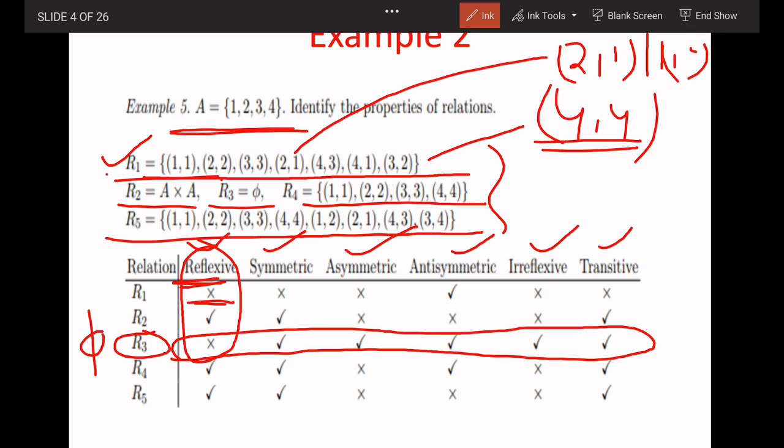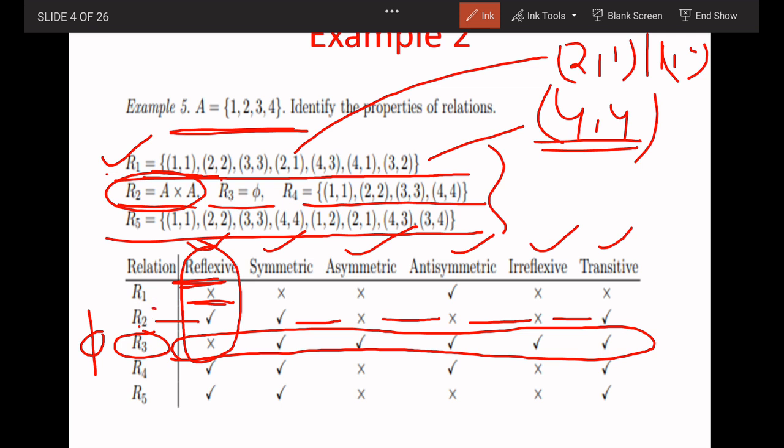Second, what is R2? R2 is equal to A cross A. This is not asymmetric, not antisymmetric, not irreflexive, but it is transitive.